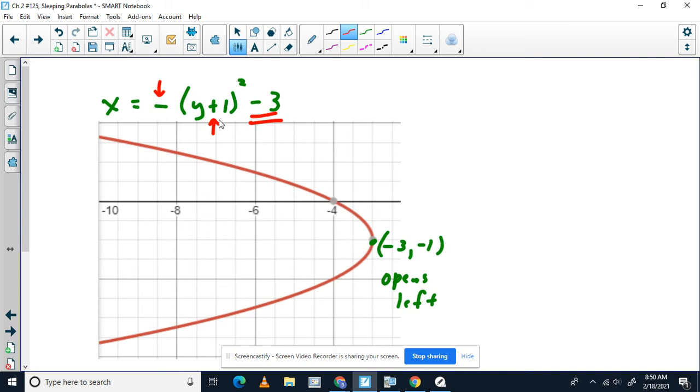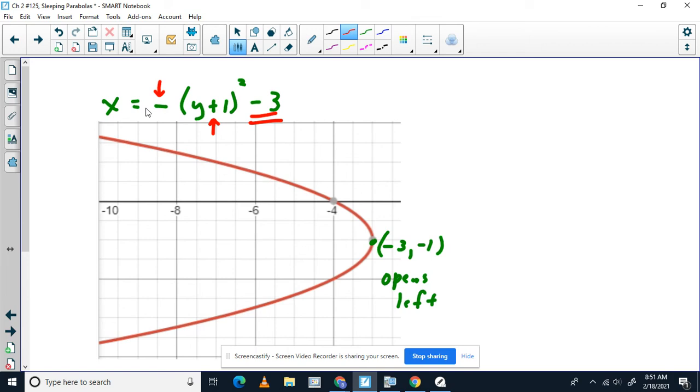Outside the parentheses was minus 3, and that's what our x value was. So really it's just the opposite of what we had done in the past when we had a regular parabola. We still make our adjustments. It's just now notice the y values on the inside of the parentheses, the x values on the outside of the parentheses. The positive negative tells me which direction it's going to open.